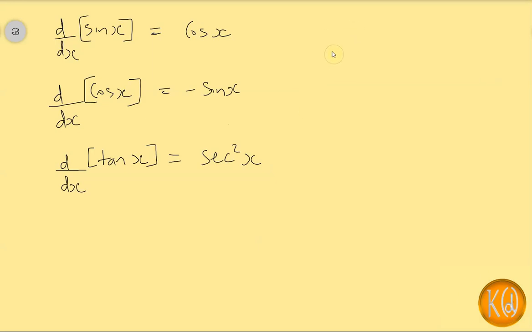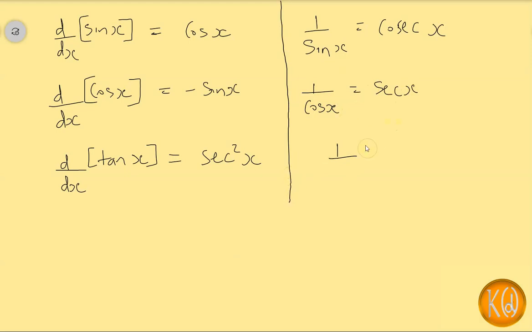So let me start with sine. 1 over sine x is equal to the cosecant, cosec x, and 1 over cos x is equal to sec x, secant x, and 1 over tan x is equal to cot x, or cotangent.